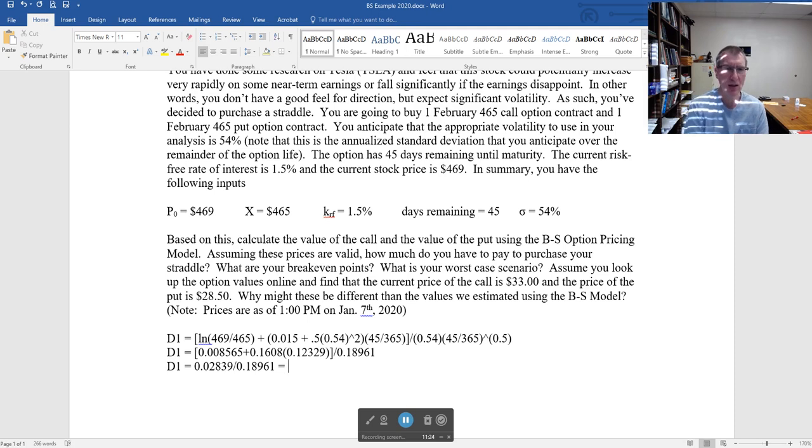And that's going to give me a value of 0.1497. Okay, that's my D1.